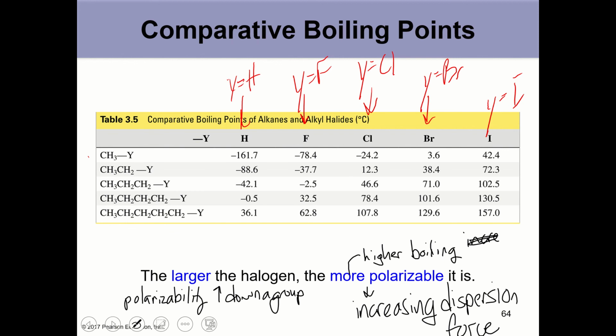As carbon increases, you also see that the boiling point is increasing, but just noting that as you go down a group on the periodic table from fluorine to iodine, the boiling point increases because the size of the halogen increases and the polarizability of the halogen increases, which increases London dispersion force for that atom.